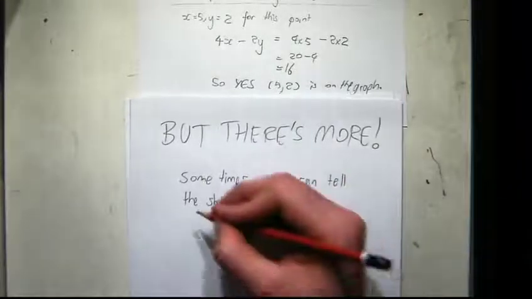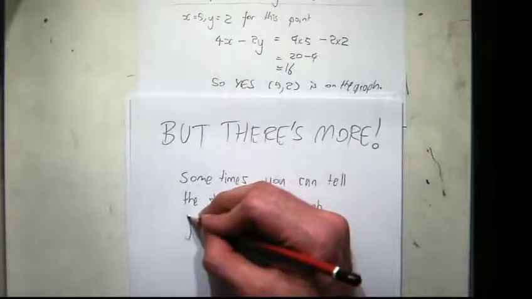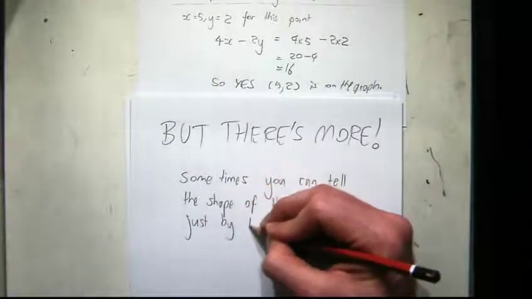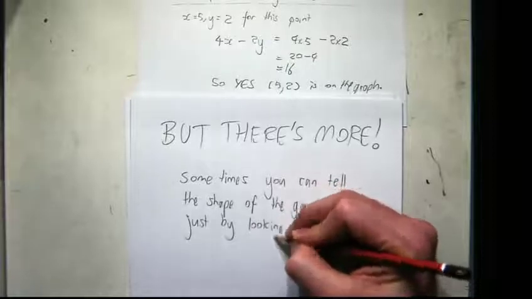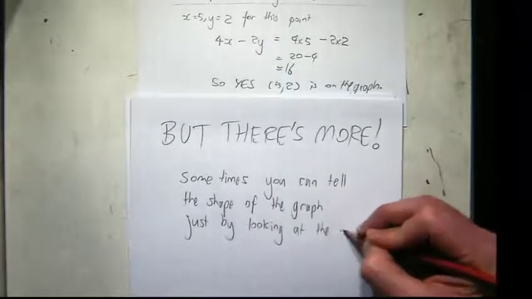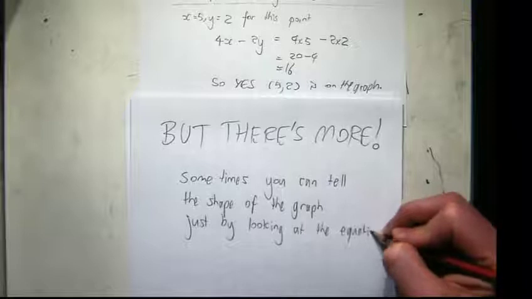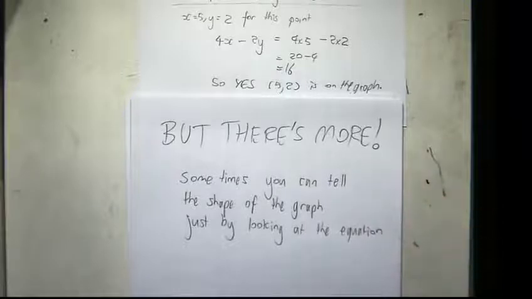Sometimes you can tell the shape of the graph just by looking at the equation, because some equations only produce a certain kind of graph.